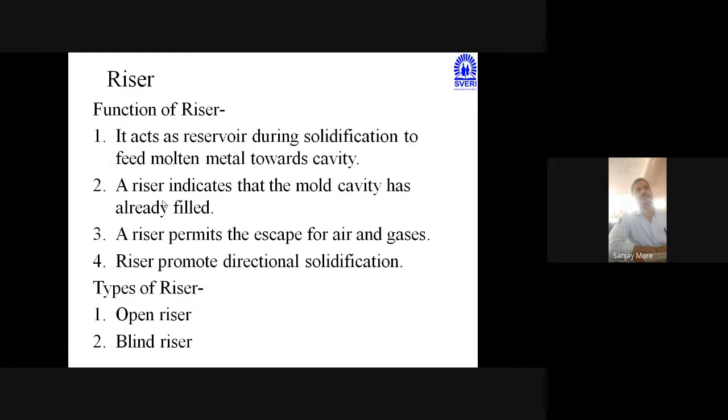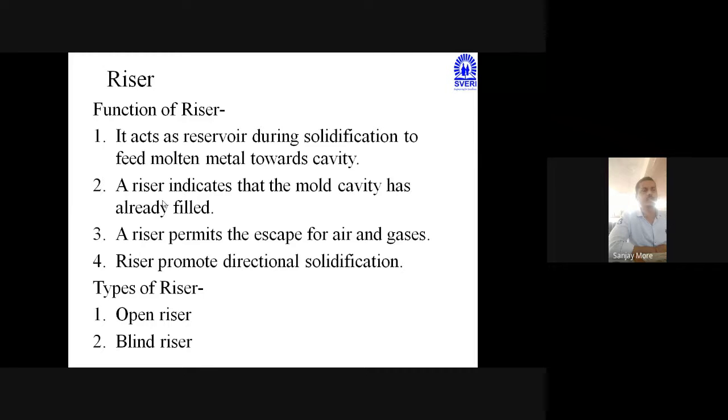Next line, types of riser. First one is the open riser and second one is the blind riser.